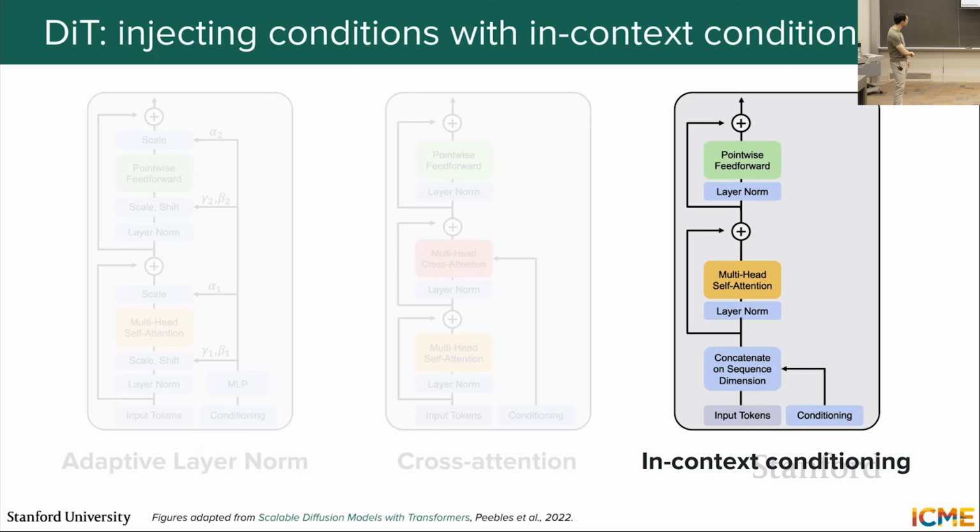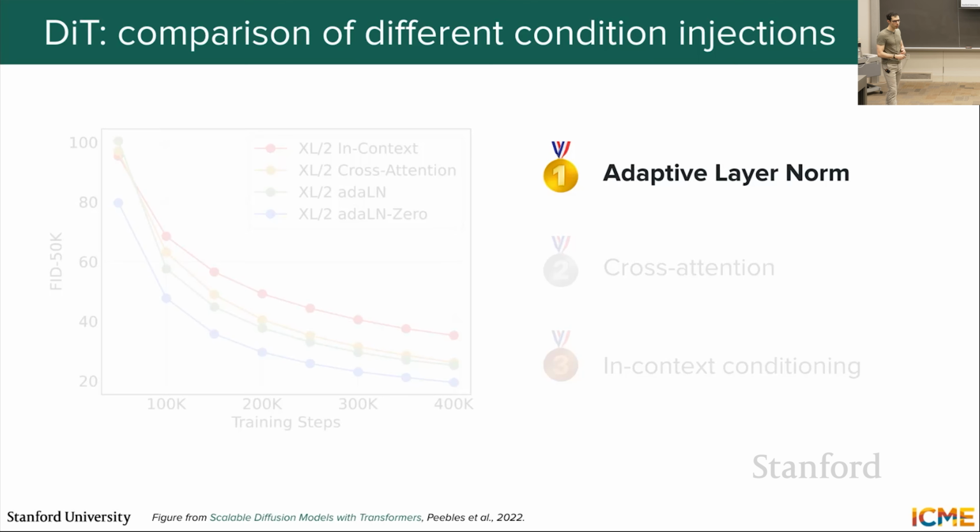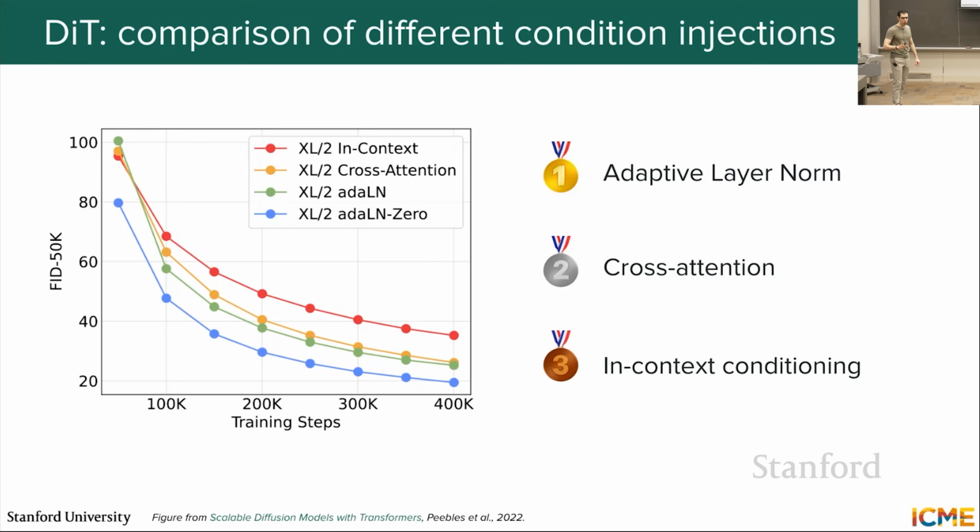And the third option is to just take these vectors and concatenate them in the input sequence. Very easy. Well, it turns out that after they did all these experiments, they saw that the adaptive layer norm was the most performant. I'm going to give you a preview of what we're going to see in lecture 7, which is how to quantify how good an image is.